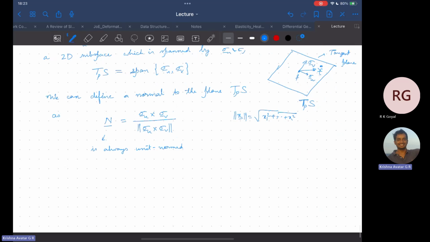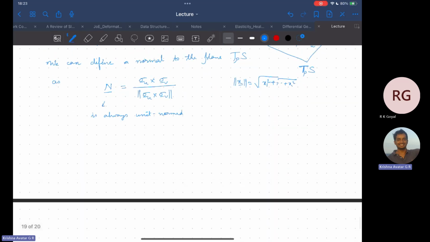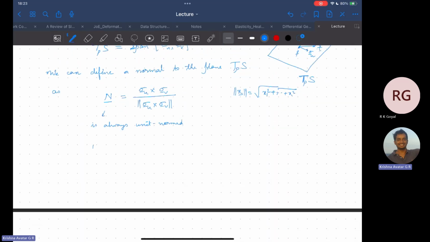By virtue of the identities of the vector product, n vector dot sigma u is 0 and n vector dot sigma v is equal to 0. These are trivial identities which follow from vector calculus.